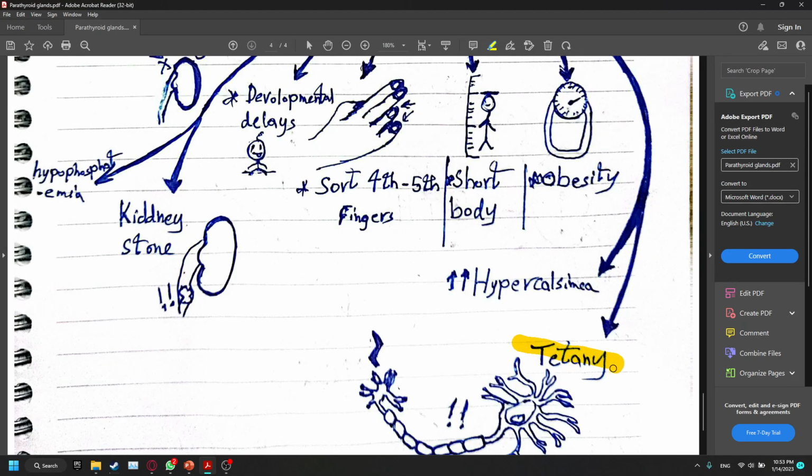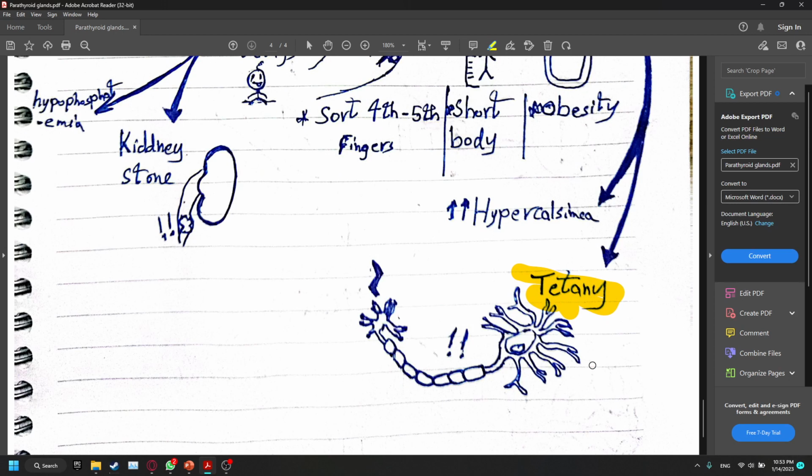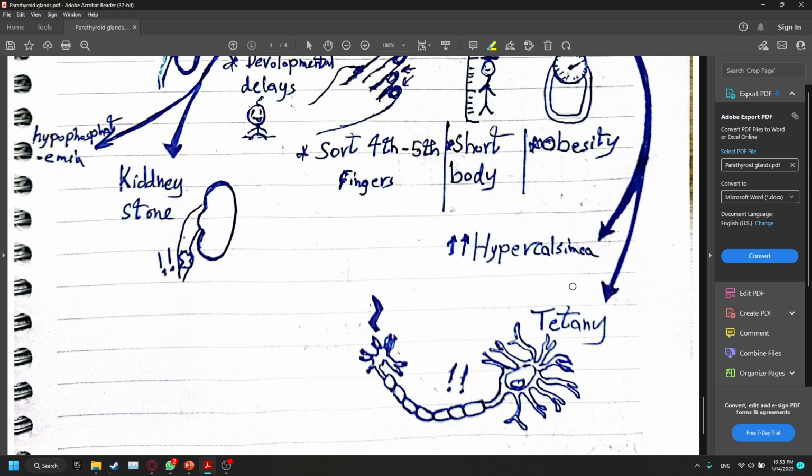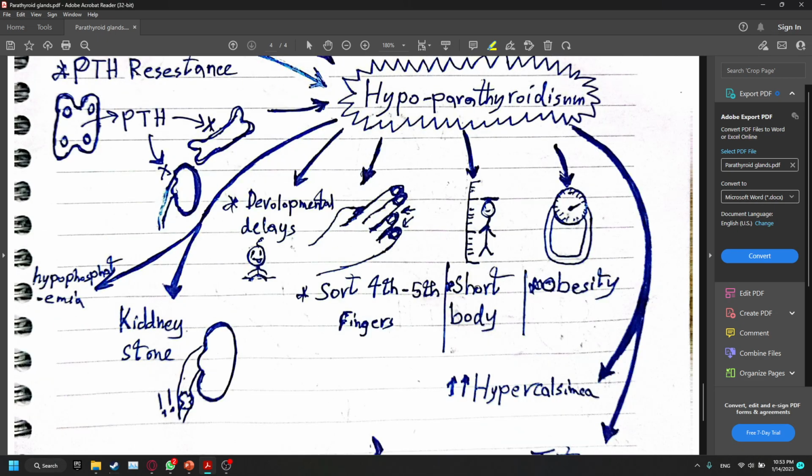It could cause tetany. Tetany means when you move your body too much, kind of a sudden movement, because your nerve cells aren't functioning very well because there are low levels of calcium in your body. It could cause a short body when you grow up.